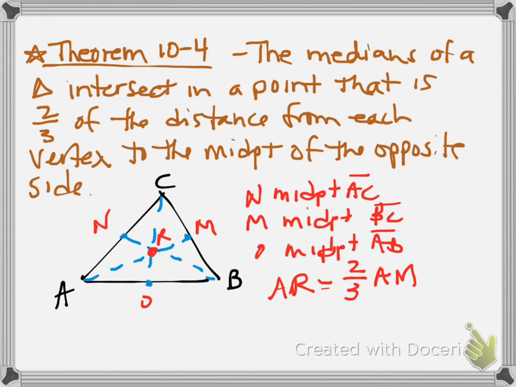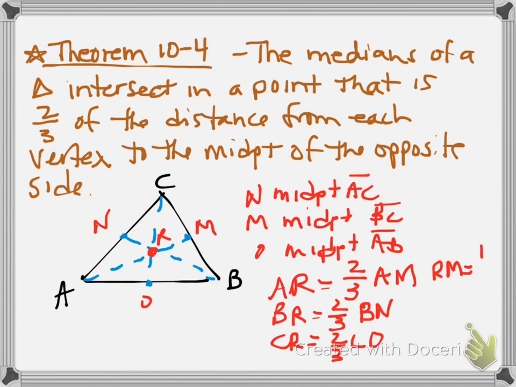The length of BR is 2/3 the length of BN. The length of CR is 2/3 the length of CO. In addition, we could get this, that the length of RM would have to be 1/3 the length of AM, and so on. That is going to show up in a lot of problems. So make sure that this one is the most important one. All right, that's it.